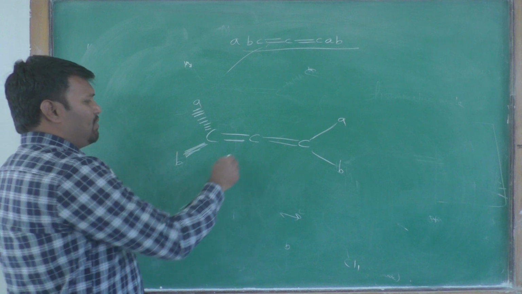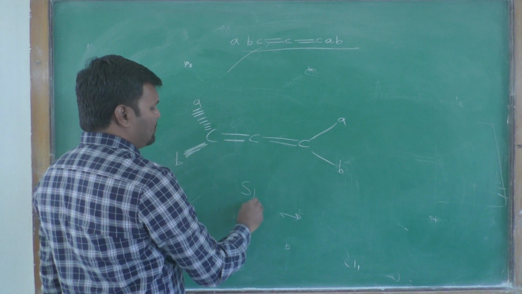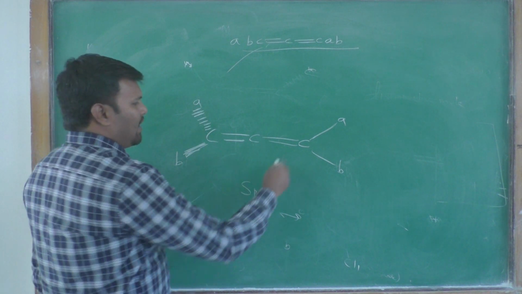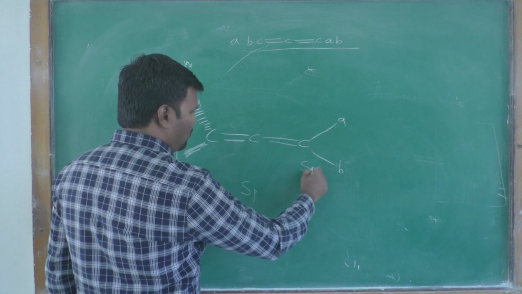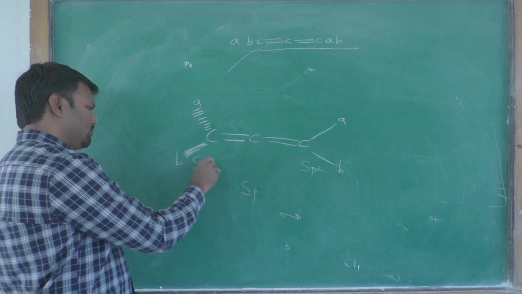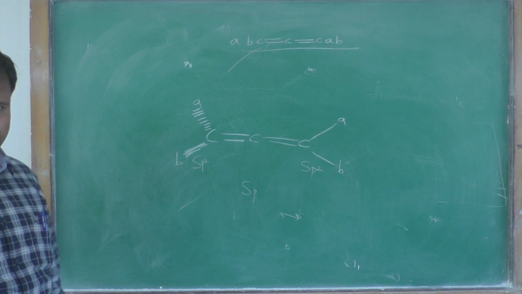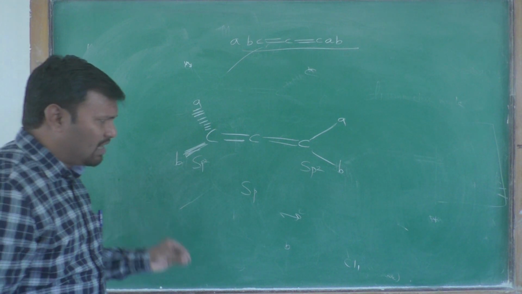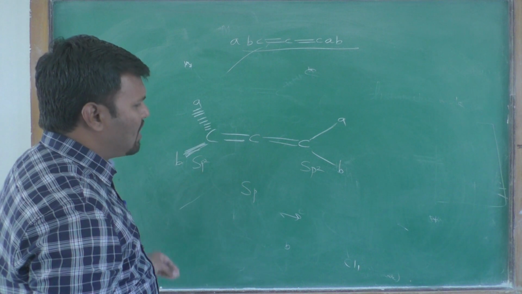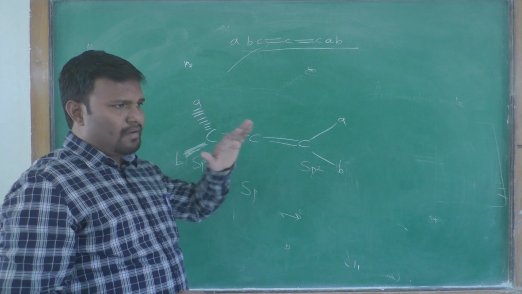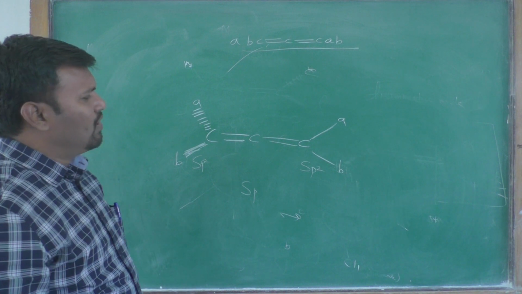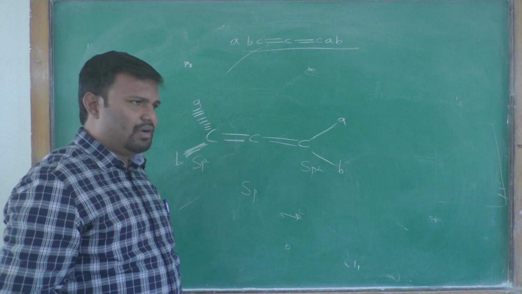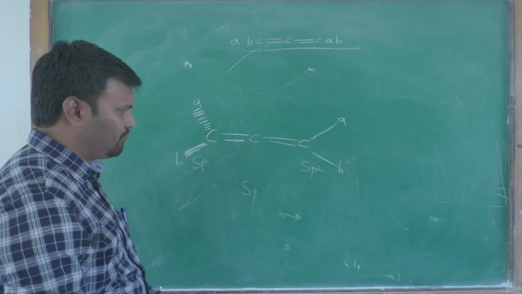The center carbon is sp hybridized, and this carbon is sp2 hybridized. We know that an sp2 hybridized carbon is trigonal planar in geometry, and if it has sp hybridization, its geometry is linear.